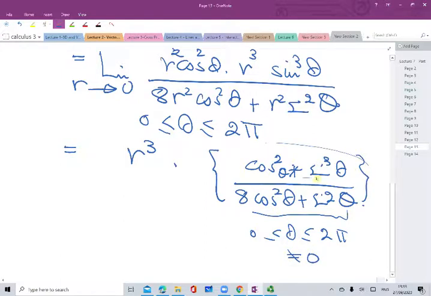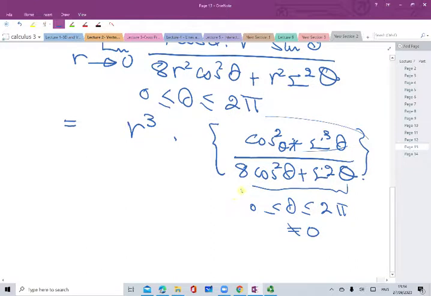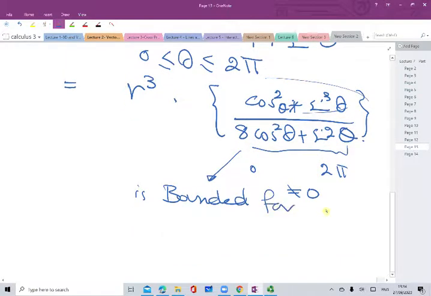The denominator will never go to 0. The numerator actually is a finite value and it is bounded between 1 and -1. Then I'll claim that this bracket is bounded for values of theta from 0 to 2 pi.